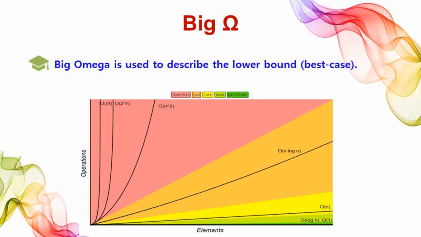Big omega is used to describe the lower bound, that is, the best case of an algorithm. For example, if we search for an element in a list and we find the element at the first position in the list, this type of algorithm is the best case.